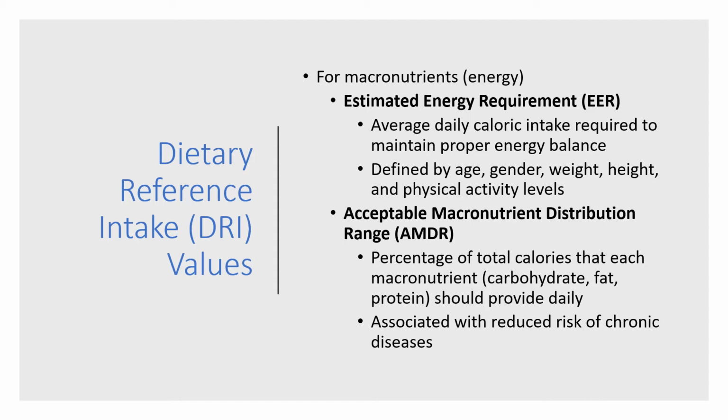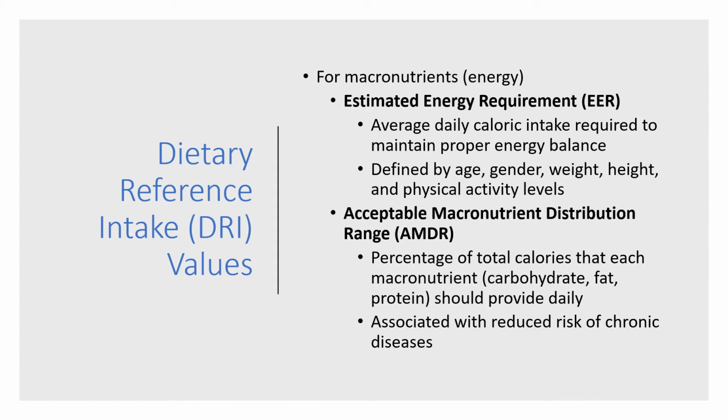And these ranges are associated with lower risk and lower incidence of chronic disease. So the acceptable macronutrient distribution range is the same regardless of the person, regardless of their height, age, sex, or activity level. The AMDRs just sort of stay the same.